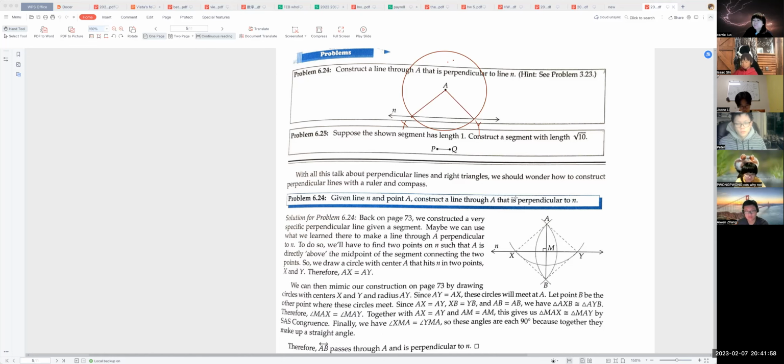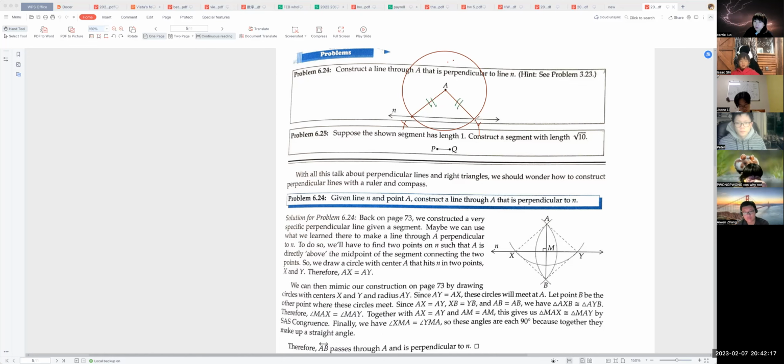Correct, Peter? Now, since I have Y, I'm going to use Y as the center of a circle. AX equals AY, correct, everybody? Don't you agree with me?